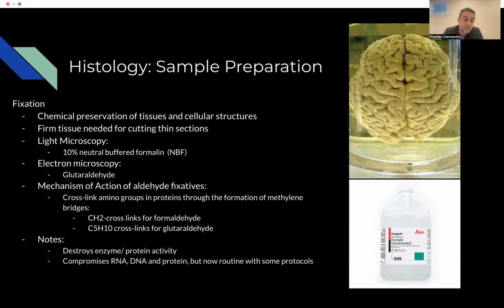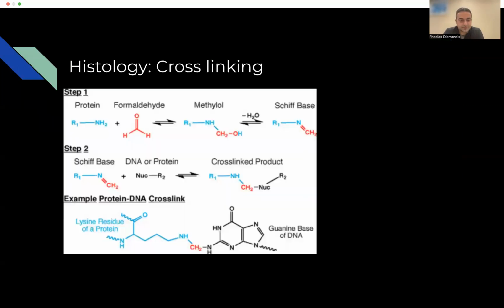The other important thing, mostly a historic problem, was that fixation does compromise RNA, DNA and proteins. So if you're looking to use these for research purposes or even diagnostic protocols, this used to be a major downside. This has been largely resolved with improved protocols that are FFPE or formalin compatible. So cross-linking, again, is not meant to make you an organic chemist, but more just to help you understand the principles, because a lot of these things happen behind the scenes in a modern, large pathology department.